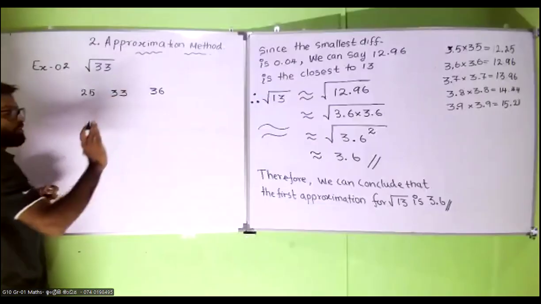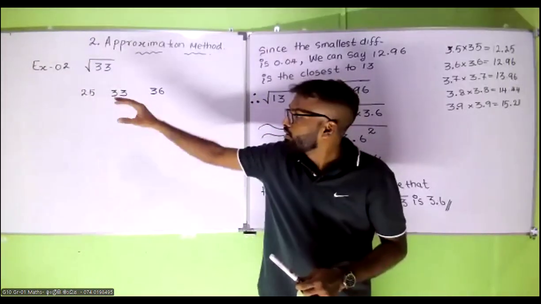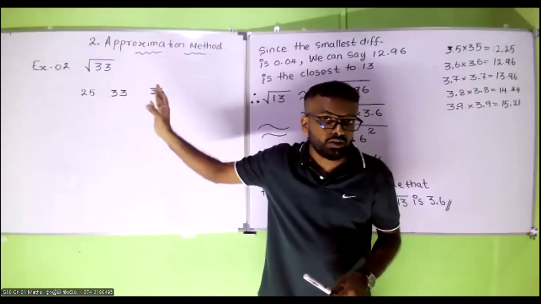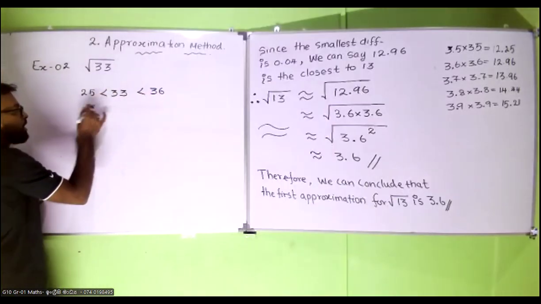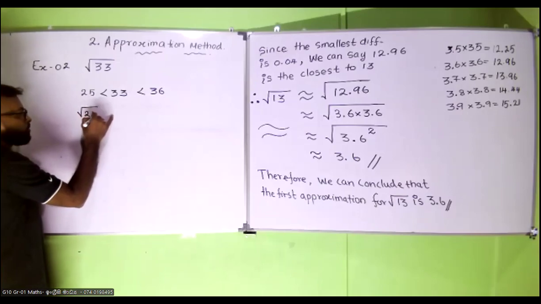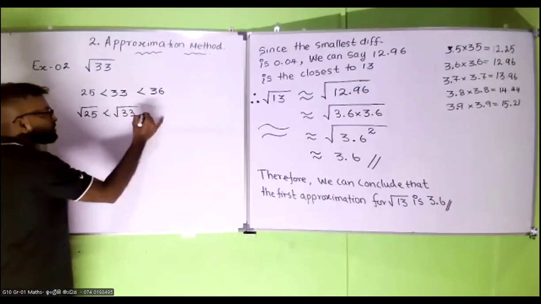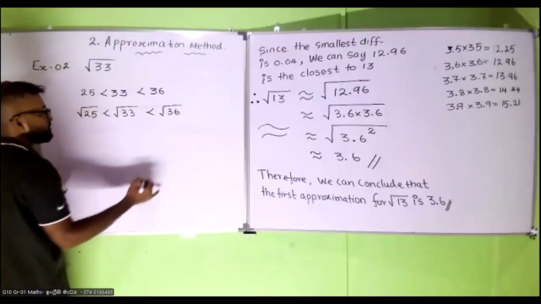I am not going to separate these into steps. Less than, I am going to take the square root of this. Square root of 25, very easy. Square root of 33, square root of 36.